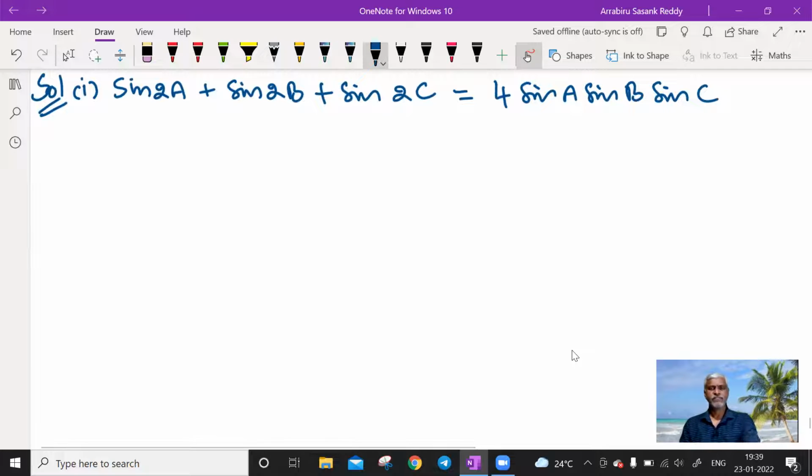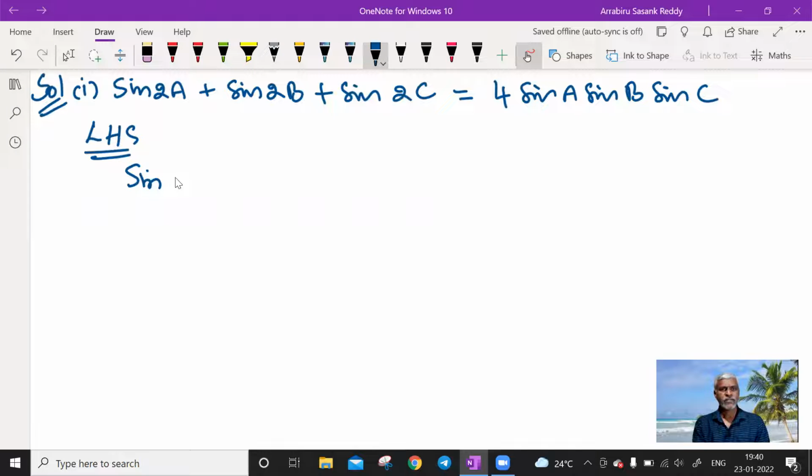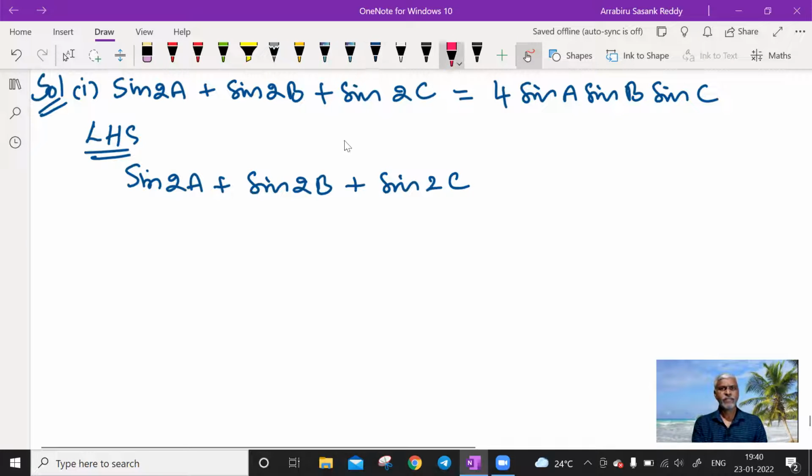Now, let us take the left hand side: sin 2A plus sin 2B plus sin 2C.